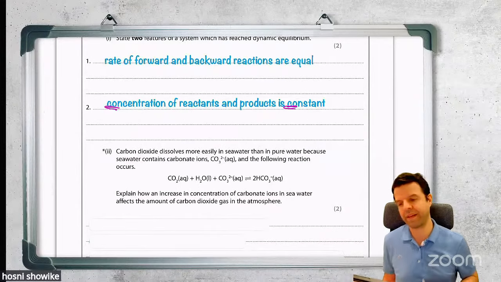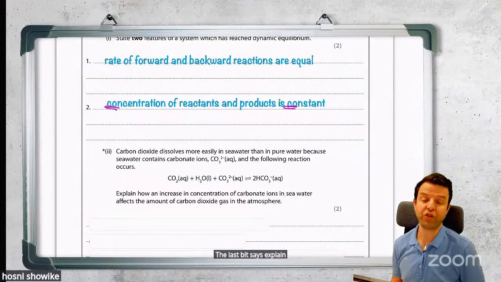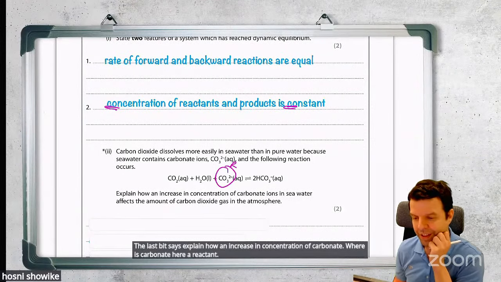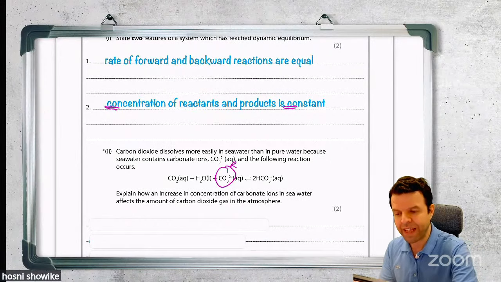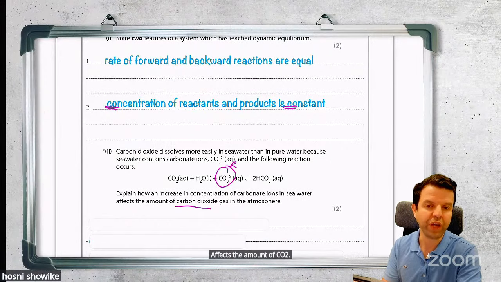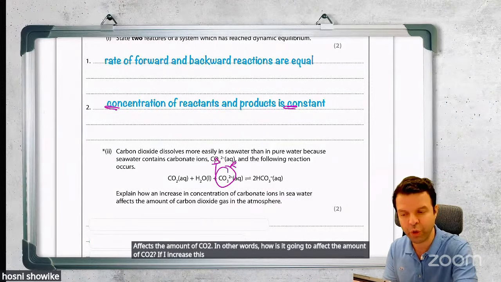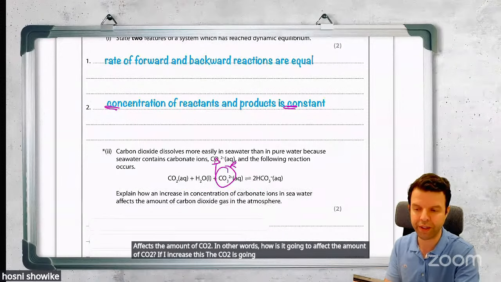The last bit says explain how an increase in concentration of carbonate, where is carbonate here, a reactant, affects the amount of CO2. In other words, how is it going to affect the amount of CO2? If I increase this, the CO2 is going to decrease. Do you know why?